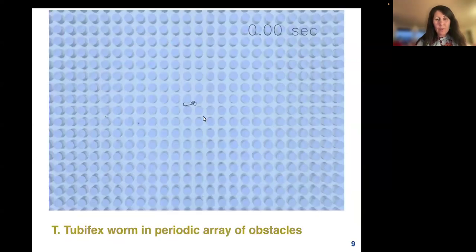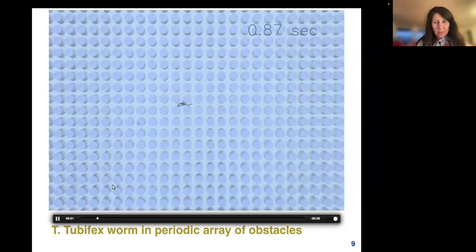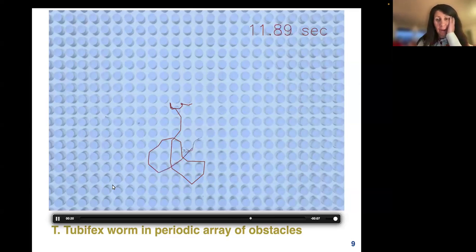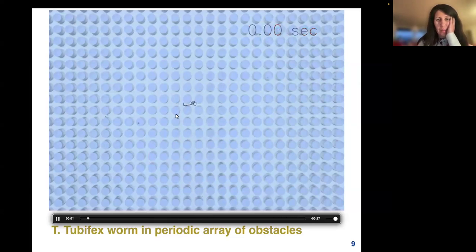And just to motivate you before I go to the results of our simulations, let me show you an example of this tubifex worm in the square array. We start from the ordered one, which we think is a bit easier. The worm is unfortunately a bit small, but you can see that at first look the worm seems to move along its backbone, but of course it curves around the obstacles, and you can see that sometimes it gets trapped.